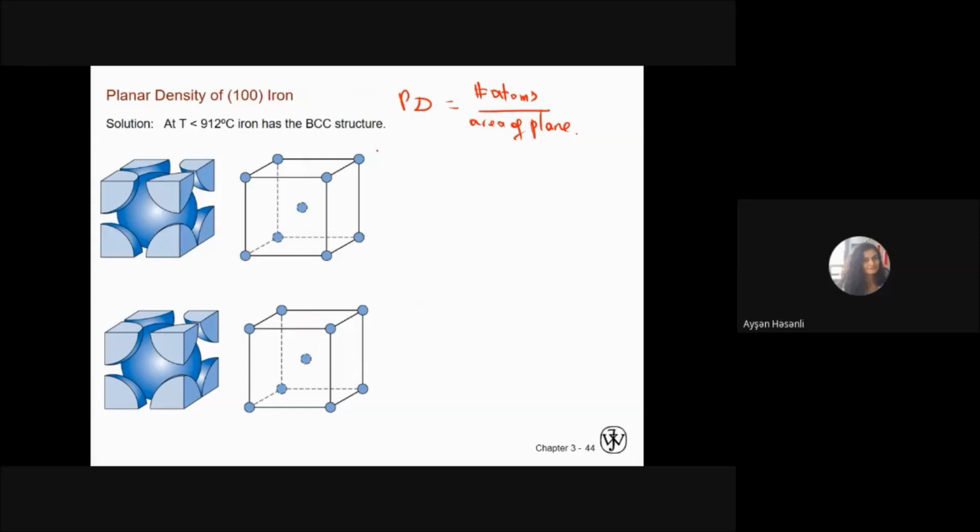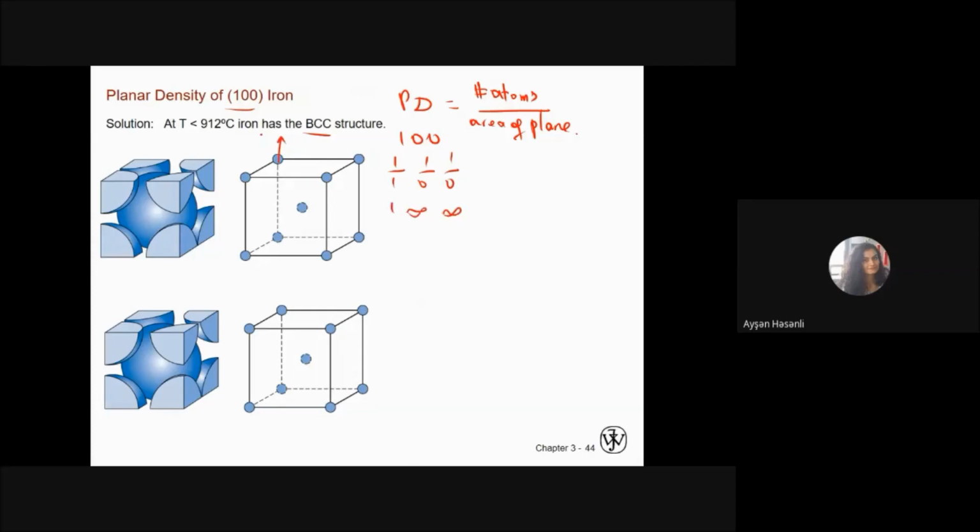So first, you have to draw BCC crystal structure. As you can see here, I have 2 pictures of BCC crystal structure. Next, draw 100 plane. Open the bracket, take reciprocal. It will be 1 infinity infinity.